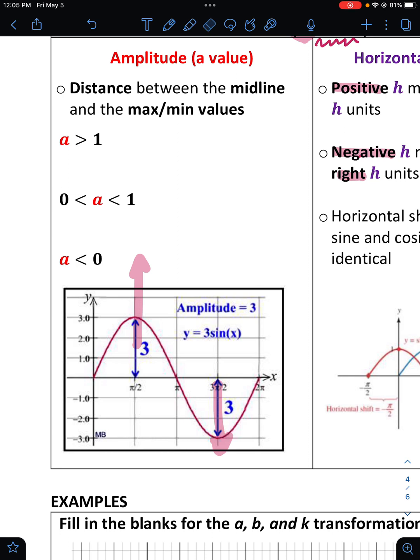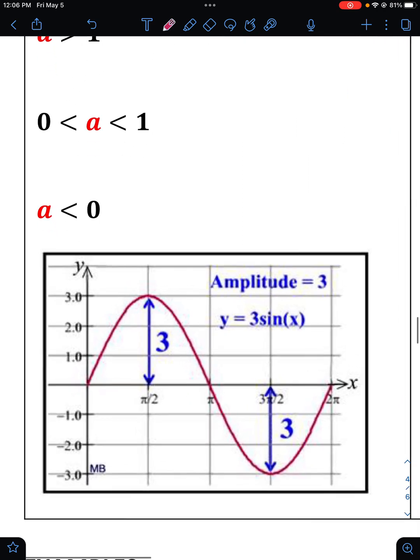Okay? And specifically what the amplitude relates to is the distance between the maximum point and the midline of our function, as well as the distance between the minimum point and our midline. And the midline on the parent function is just the x-axis. Okay, so if we haven't moved our graph up or down, that midline, which cuts the graph in half horizontally, will be the x-axis.